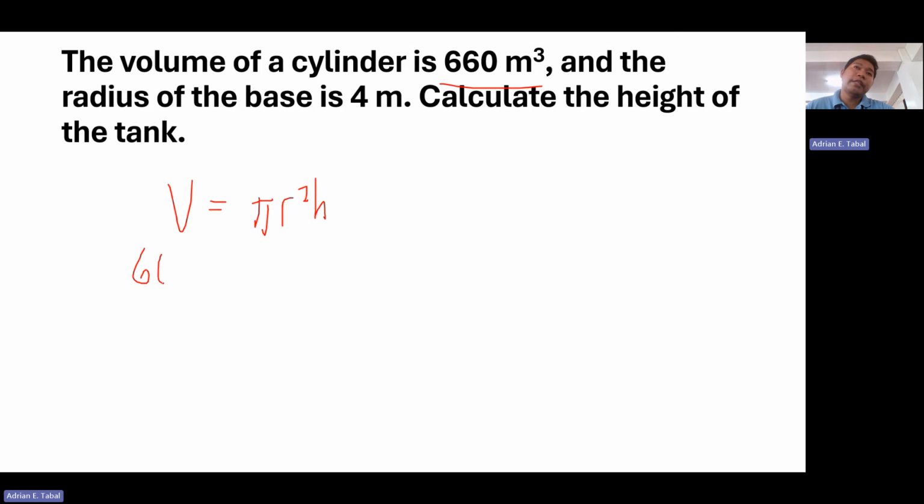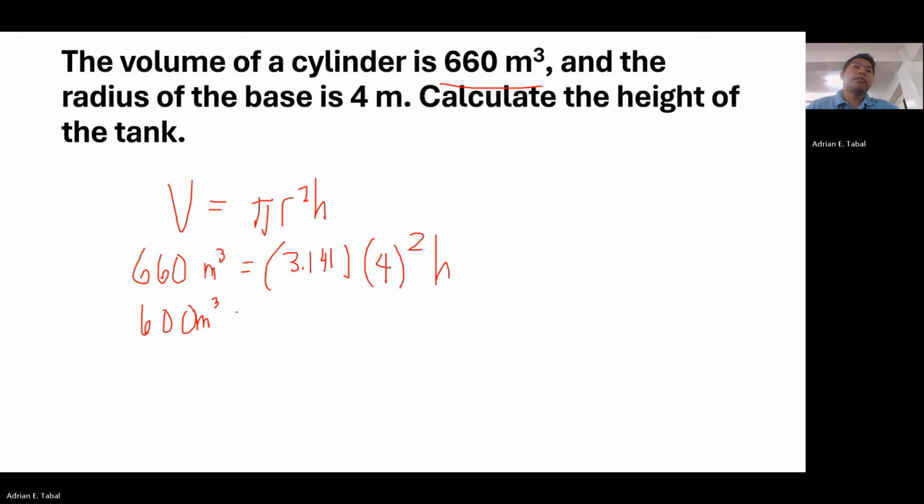The volume is 660 cubic meters, pi is 3.14, the radius of the base is 4 squared, and the height. Multiply 3.14 times 4 squared, which is 16.